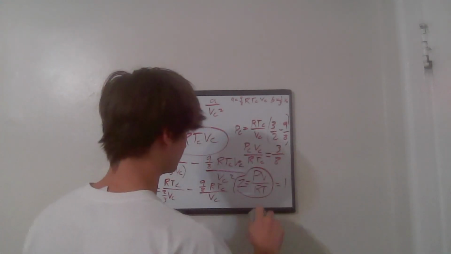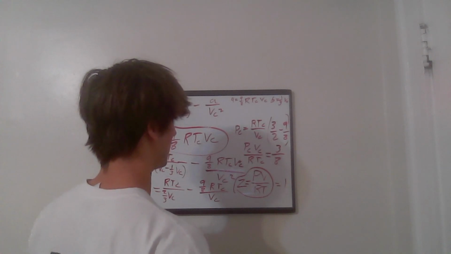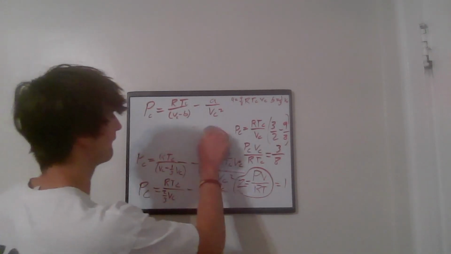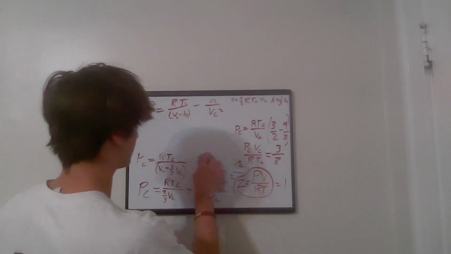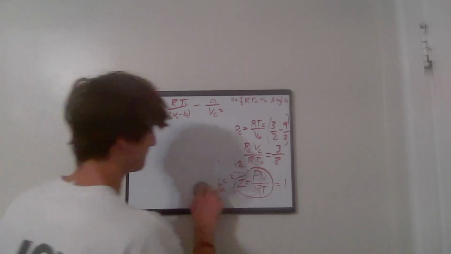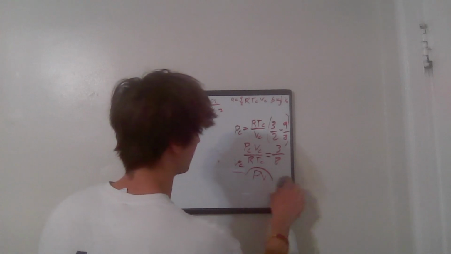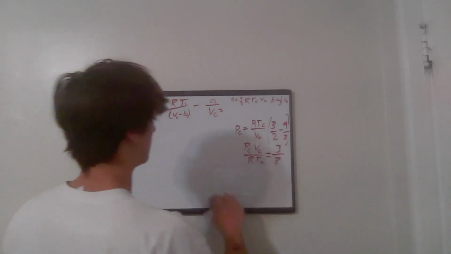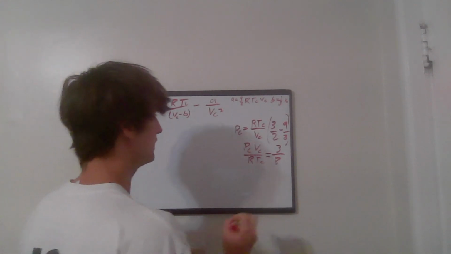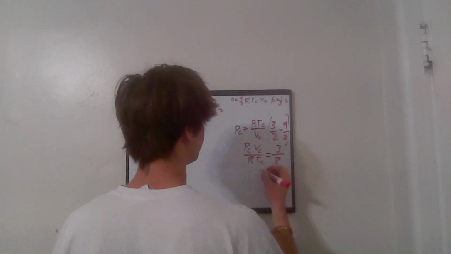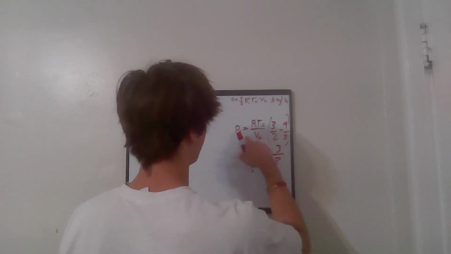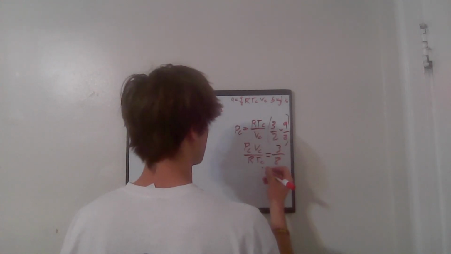So let's do that. We can erase this. We can find VC by dividing by that critical pressure.